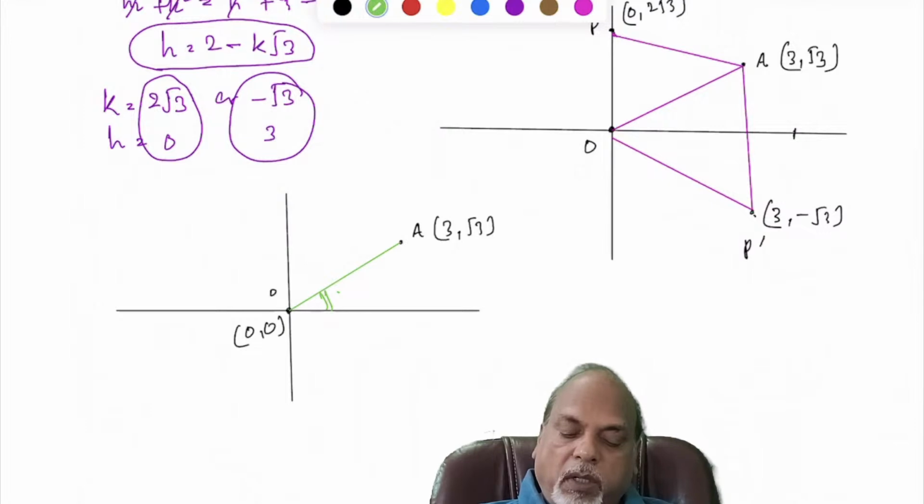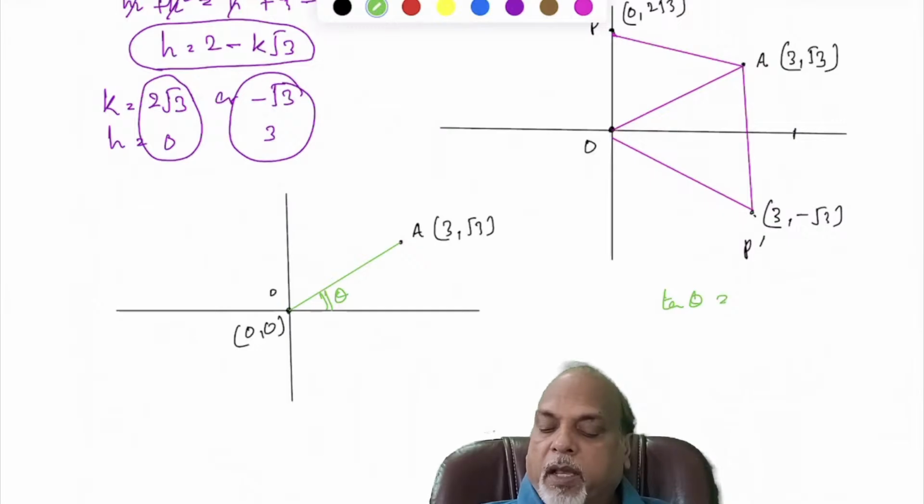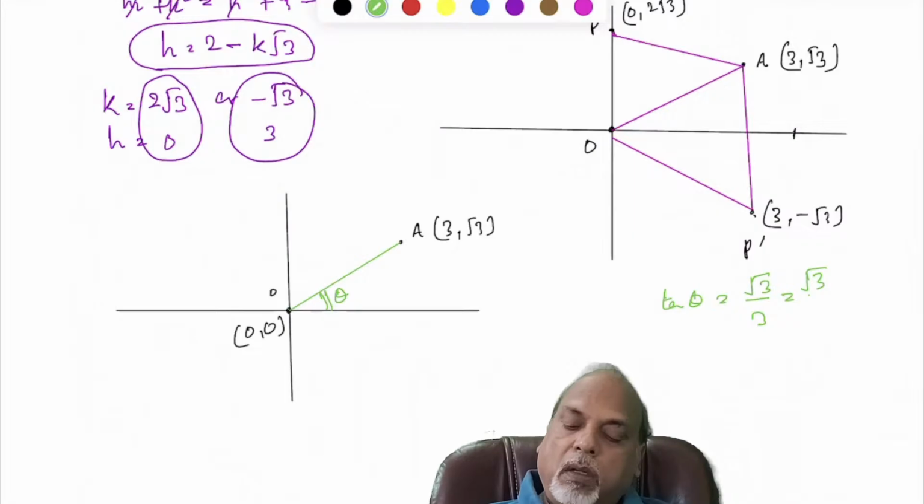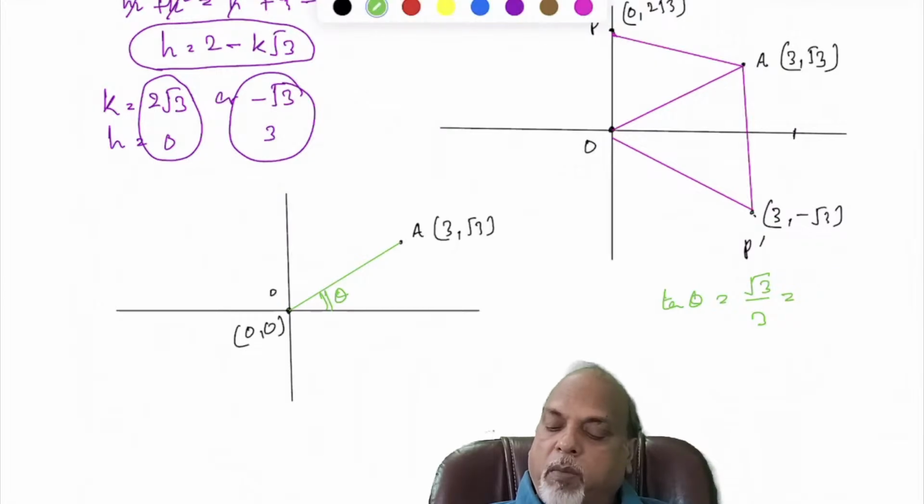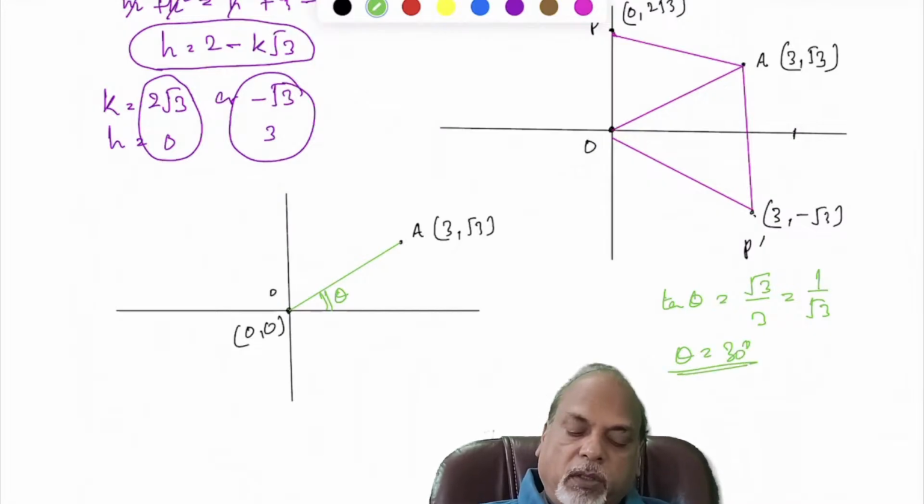This is nothing but theta, and tan theta is root 3 divided by 3 root 3, that is 1 by root 3, and theta is nothing but 30 degree. So it is 30 degree. That means what is remaining? This is your 60 degree.